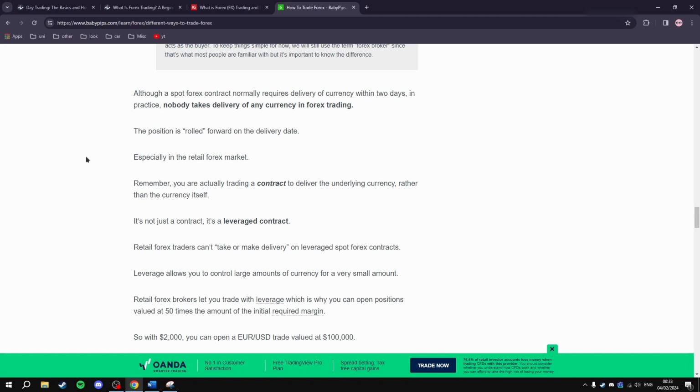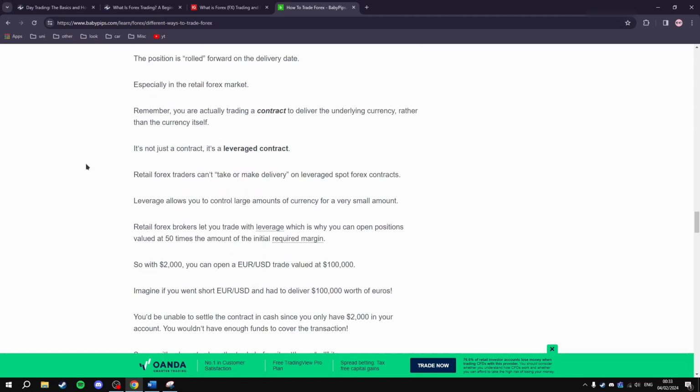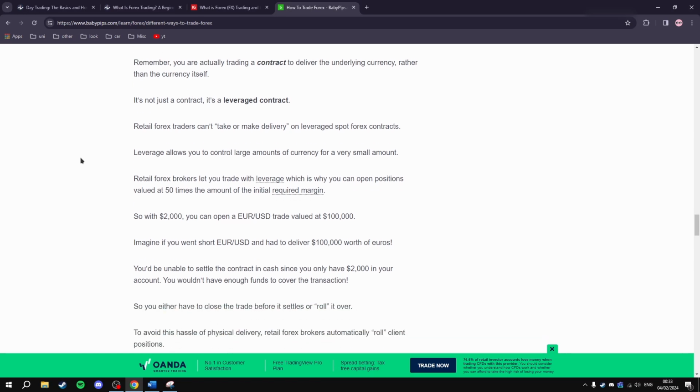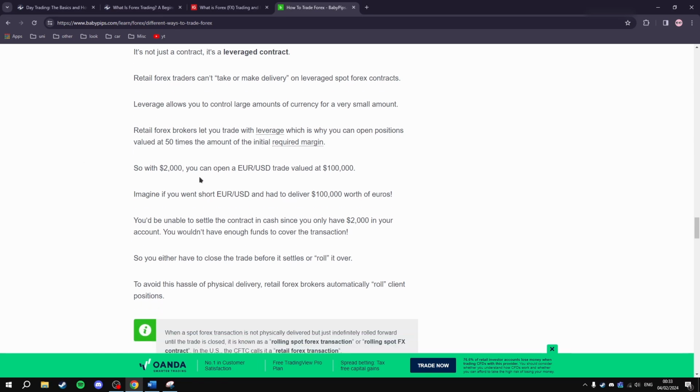It's not just a contract, it's a leveraged contract. Leverage allows you to control large amounts of money for a very small amount. Retail Forex brokers let you trade with leverage, which is why you can open positions valued at 50 times the amount of initial required margin. So with $2,000 you can open a Euro USD trade valued at 100,000.